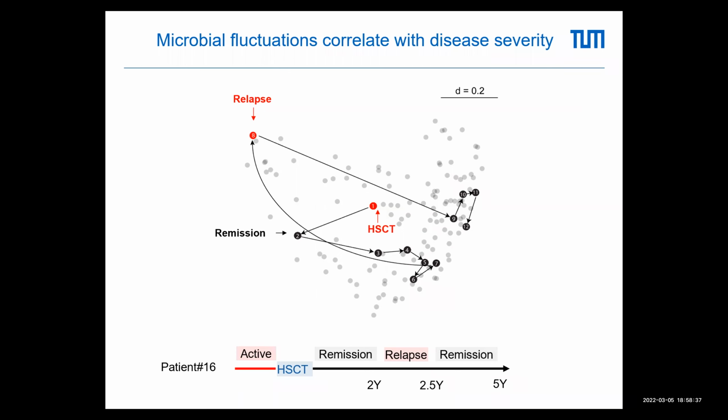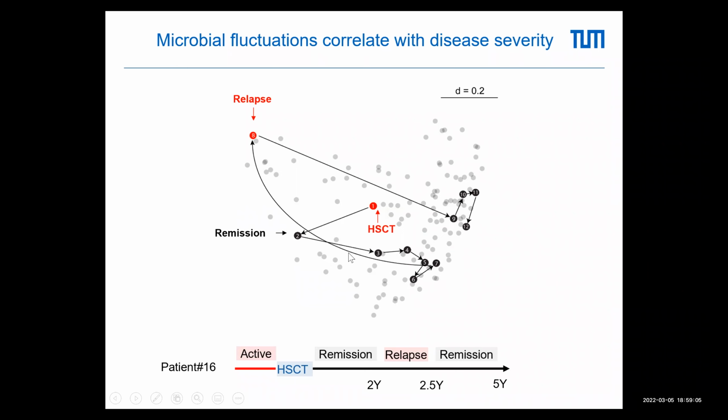Here what we wanted to look at is how the gut microbiota composition was changing over time and in response to treatment. And so what you can see here is that when the patient went in remission, there was a clear shift in gut microbiota composition. It moved to this point, and the patient stayed in remission.